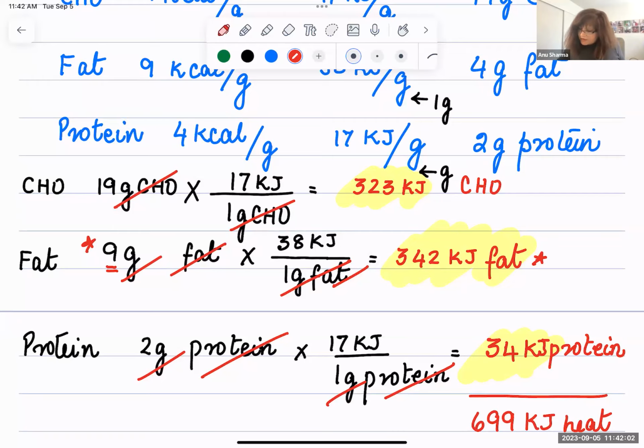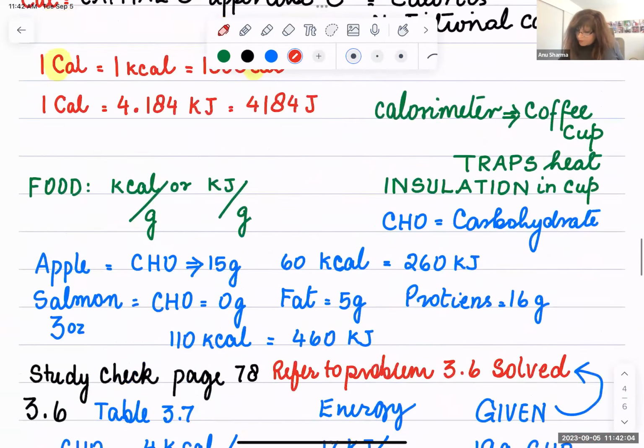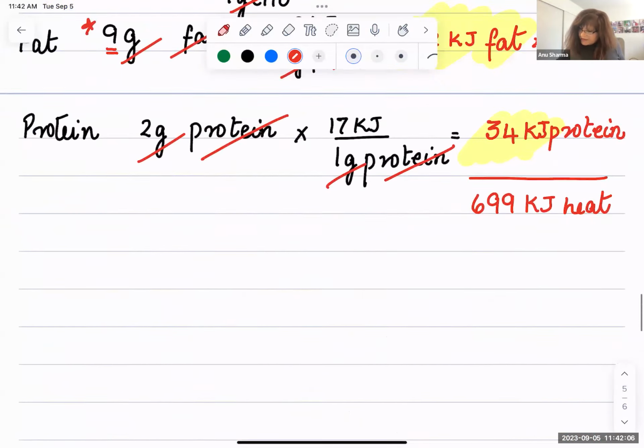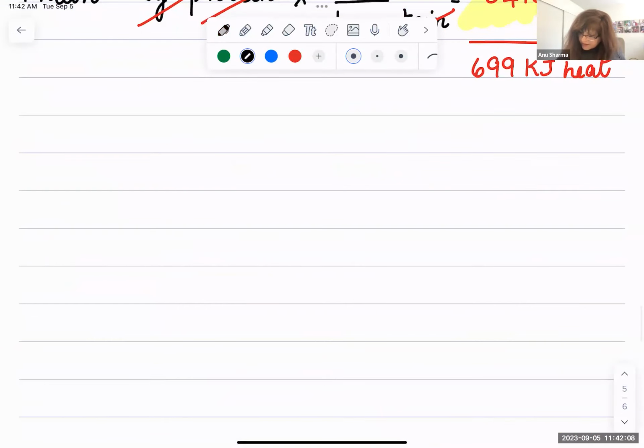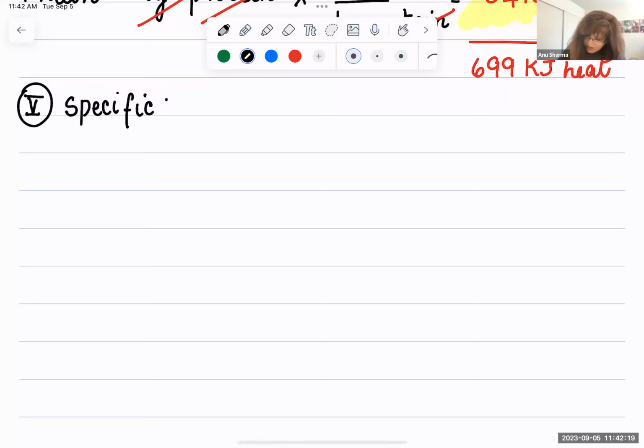Okay, next let's look at the next part, which is specific heat. Every substance has a capacity to absorb heat, some amount of absorbing.